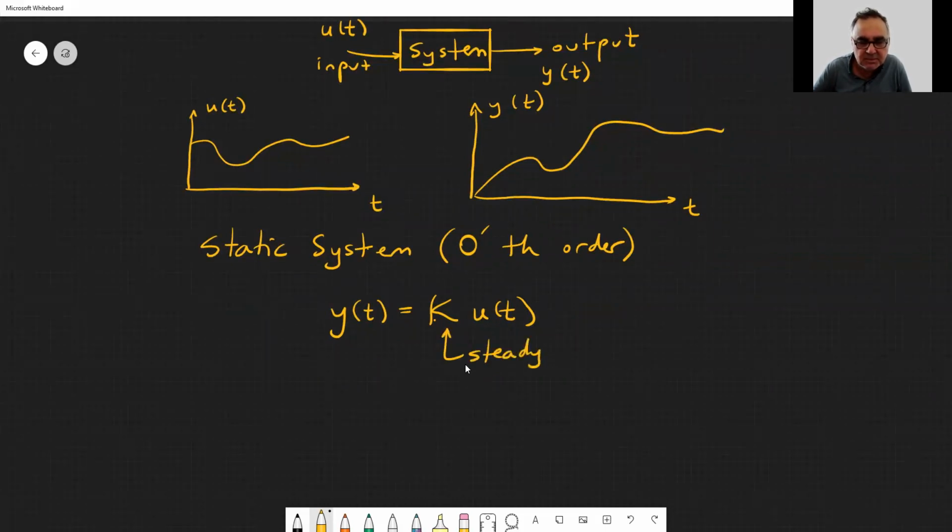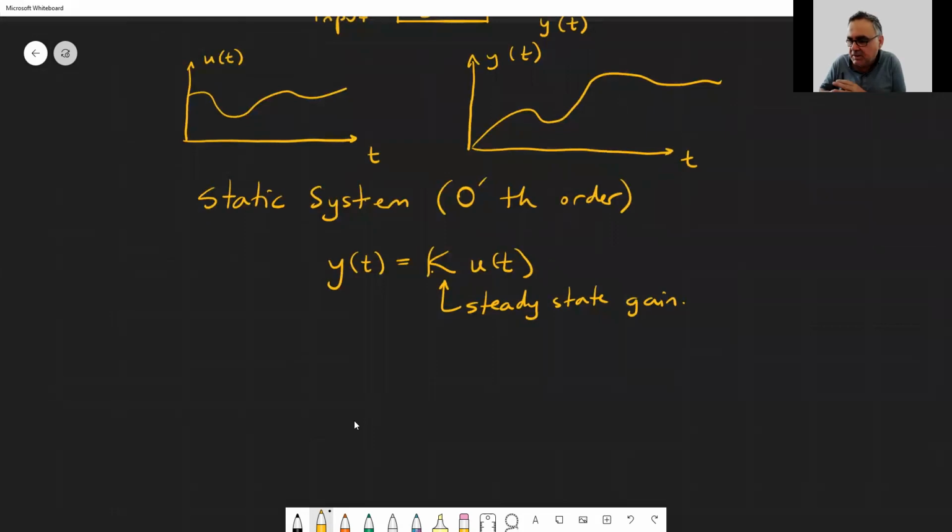Steady state gain. Well, this is not a dynamic system. It is a static system, as we have said. No dynamics here. No time dependence, let's say.